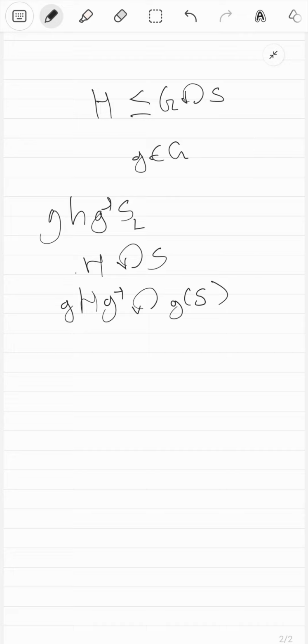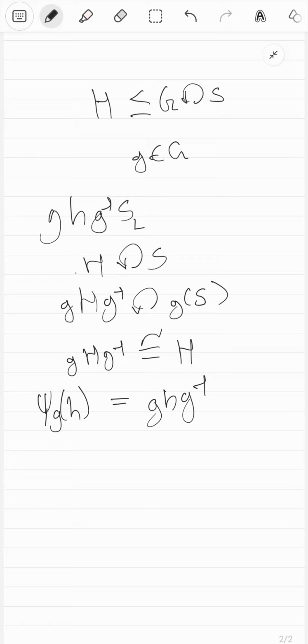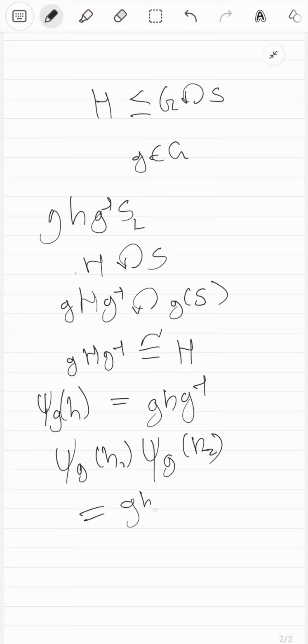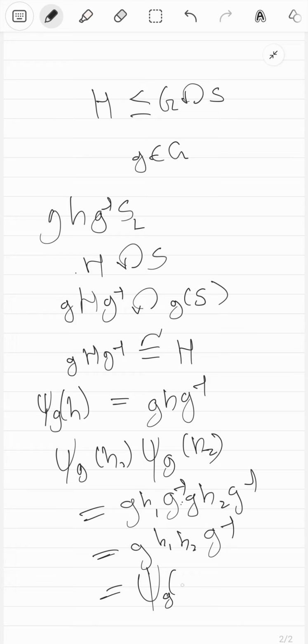So what we can say is that g H g inverse is isomorphic to H, and the isomorphism is pretty easy to see. For all h in H, this isomorphism, call it psi, just sends h to g h g inverse, and you can see that it's an isomorphism. Firstly, it's a homomorphism because psi of h1 times psi of h2 is g h1 g inverse, g h2 g inverse, which is equal to g h1 h2 g inverse, which is just psi of h1 h2, right?